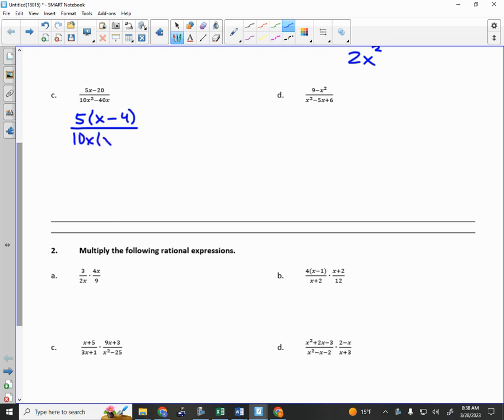And you're left with x minus 4. Notice in this situation that you now have an x minus 4 over x minus 4. Those do reduce to 1. And you're left with the expression 5 over 10x. 5 over 10 reduces to 1 over 2, so it's 1 over 2x.